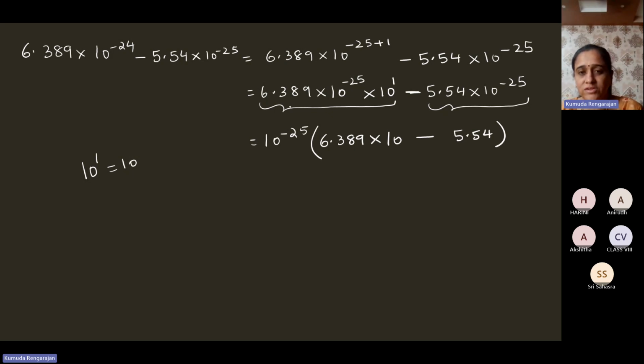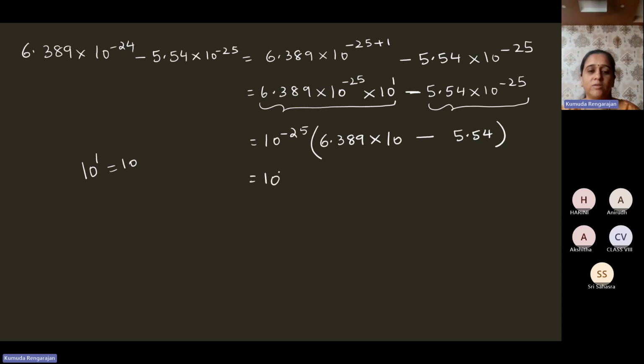In the first expression, 10 to the power minus 25 is common, and we have already written that. So write the remaining numbers, 6.389 into 10 to the power 1, which is 10. Minus, this is the second expression, 10 to the power minus 25 we've taken out common, so write this number, 5.54.